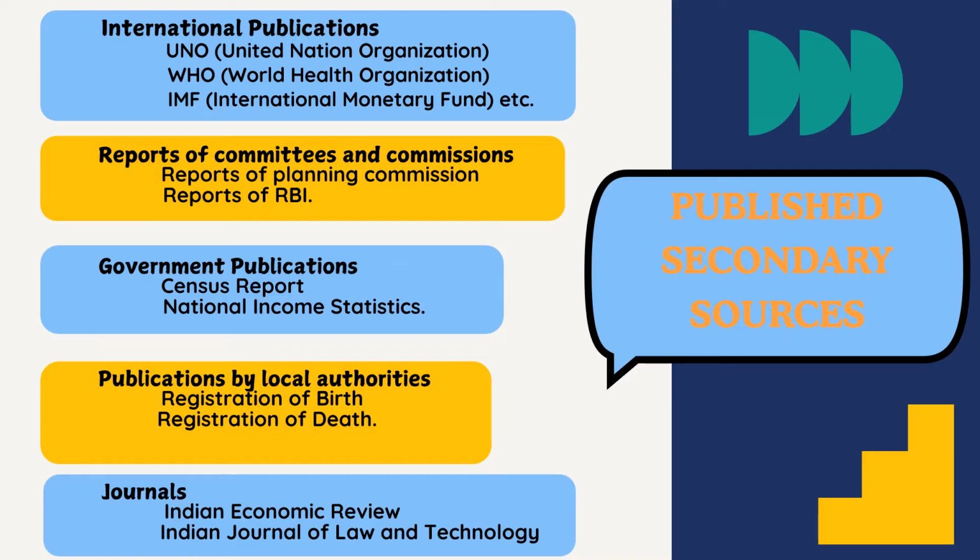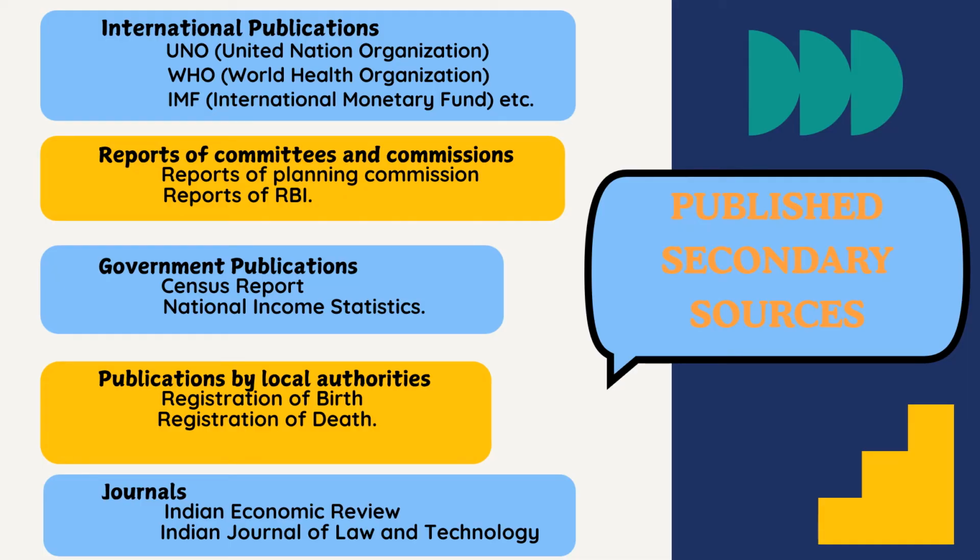The fourth published source available to us is the publications by the local authorities. Some local authorities which are governed by the government also have some different publications, such as the registration of birth and registration of death. That data you can get from their websites or their offices also.